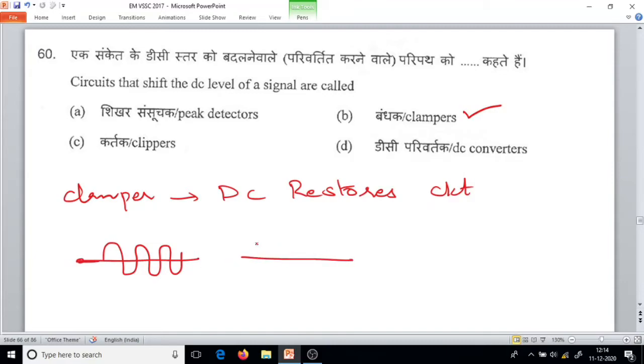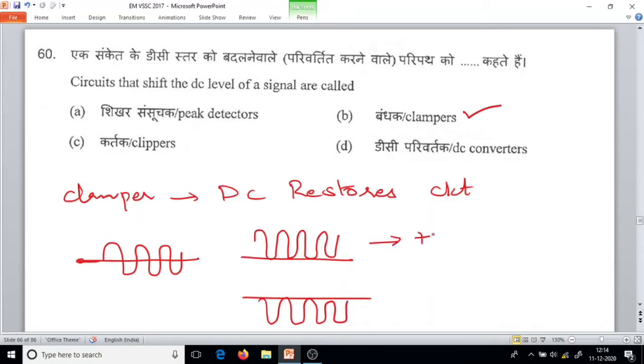We can shift this waveform above the reference level or below the reference level. If we shift above the reference level, it is a positive clamp. Below the reference level, it's a negative clamp, that is the negative side.